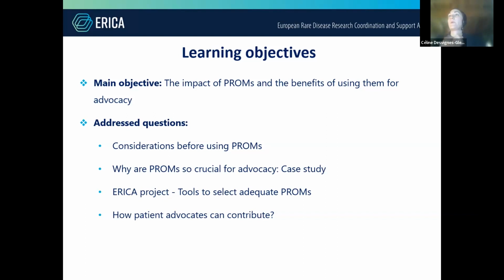And then we're going to talk about the EUREKA project to see how it supports all the initiatives around rare disease and patient centricity, especially by presenting a few tools to help you select the adequate PROMs to use. And then it's also how patient advocates can contribute to this project.